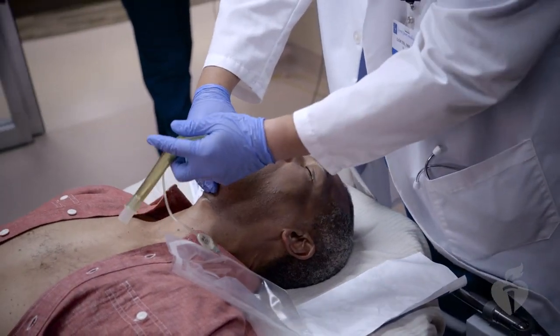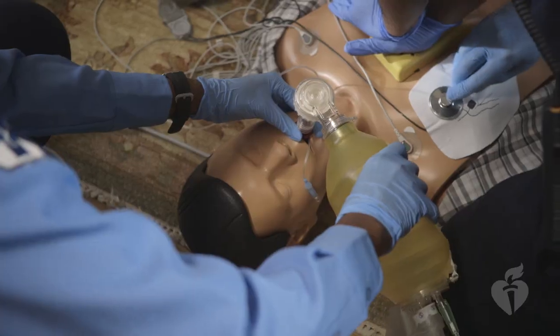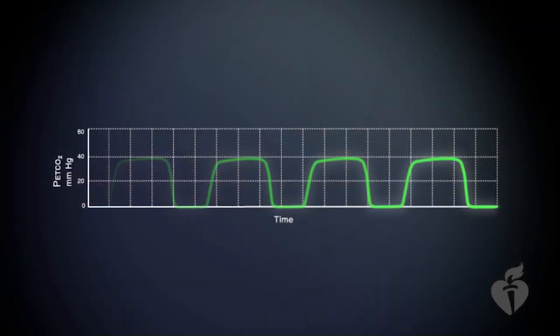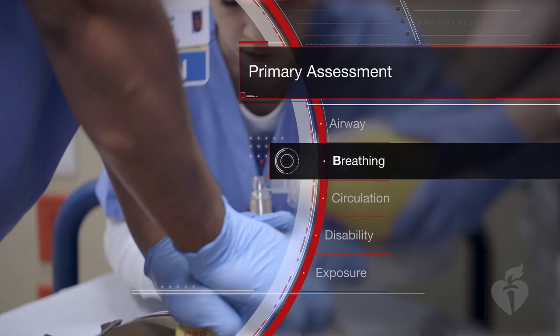Regardless of the device chosen, the resuscitation team must ensure proper placement and use waveform capnography to monitor effectiveness. Conscious patients can often maintain the integrity of their own airway, and healthcare providers need only ensure patency by providing suctioning if needed. B represents breathing.